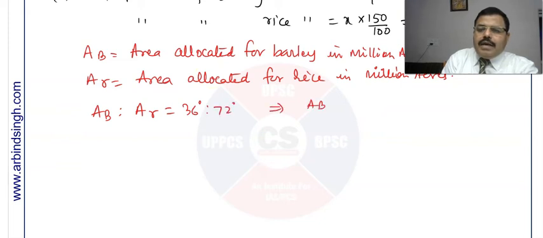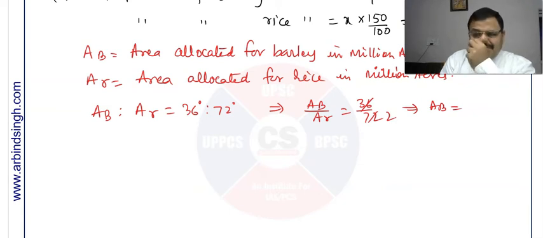So area of barley upon area of rice is equal to 36 upon 72, that is 1/2. So area of rice is equal to twice the area of barley.